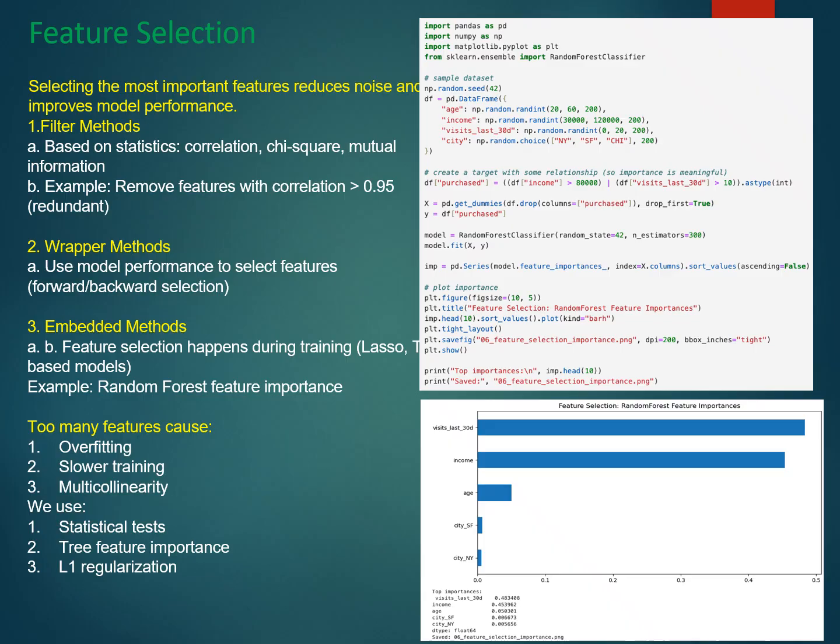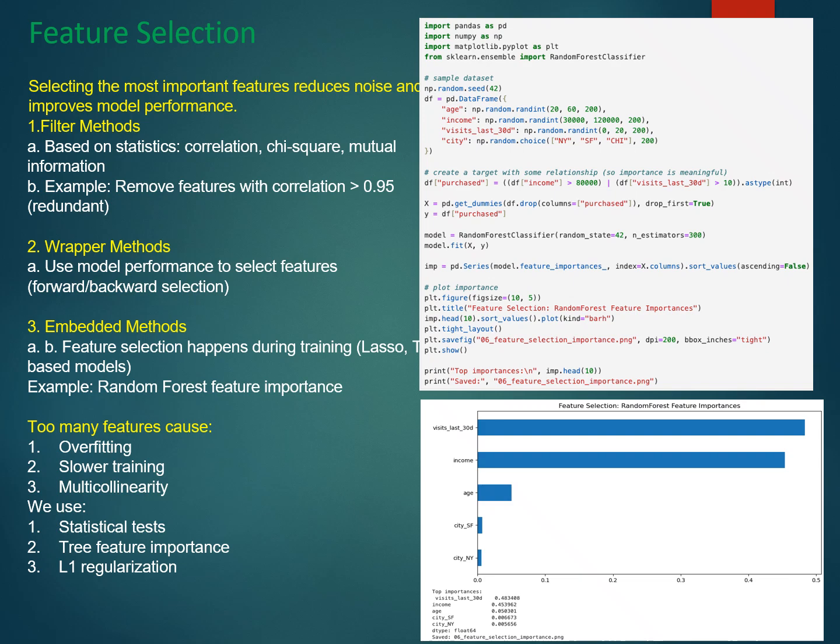Feature selection. Now we move to feature selection. Selecting the most important features reduces noise and improves model performance. Too many features can cause overfitting, slower training, and multicollinearity. There are three main approaches. First, filter methods, which use statistical techniques like correlation, chi-square, and mutual information.